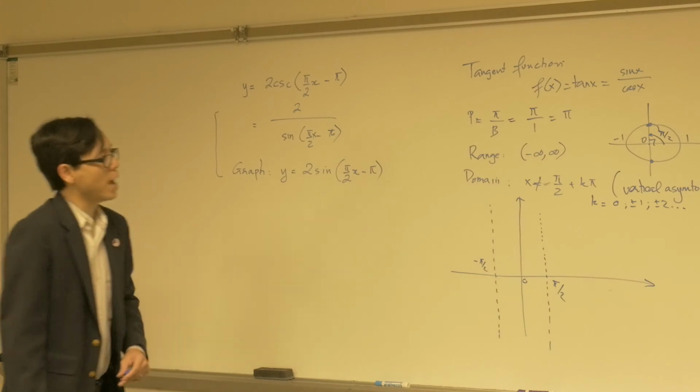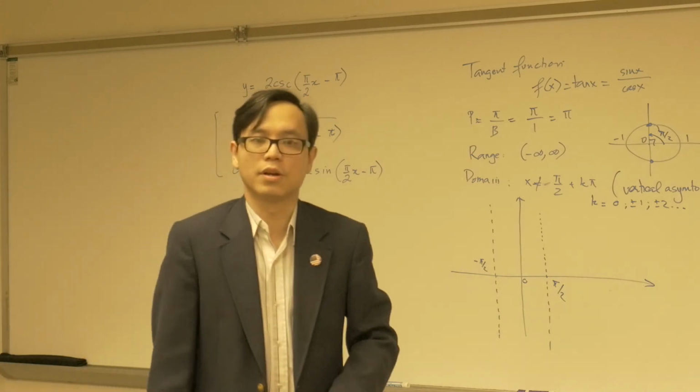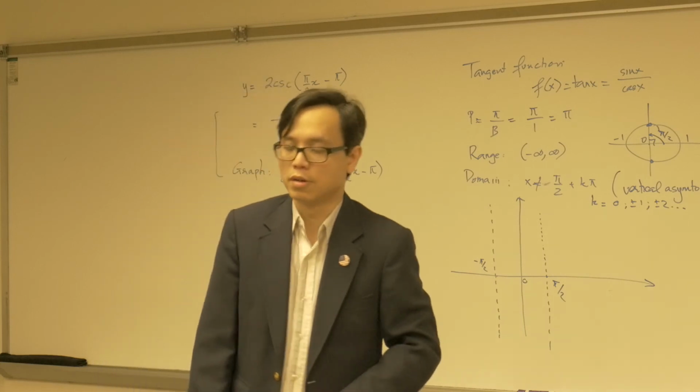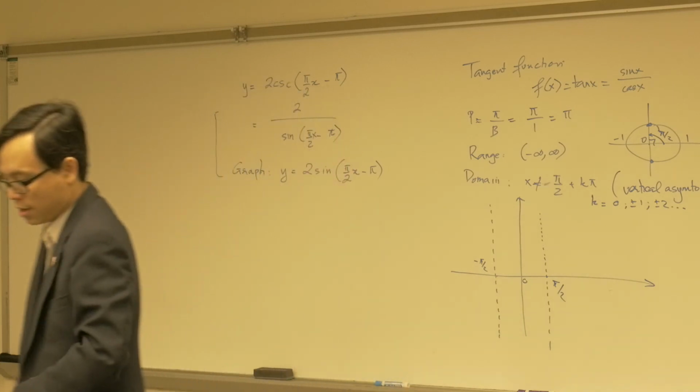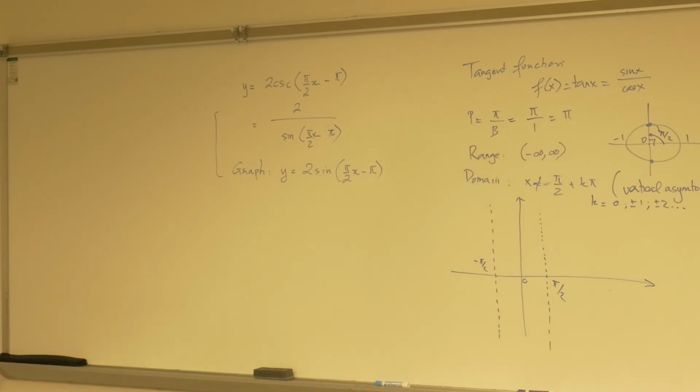And we know that if the angle is 0, tangent of 0, we will have x equal to 0, y equal to 0. Tangent of 0 is sine of 0 over cosine of 0.